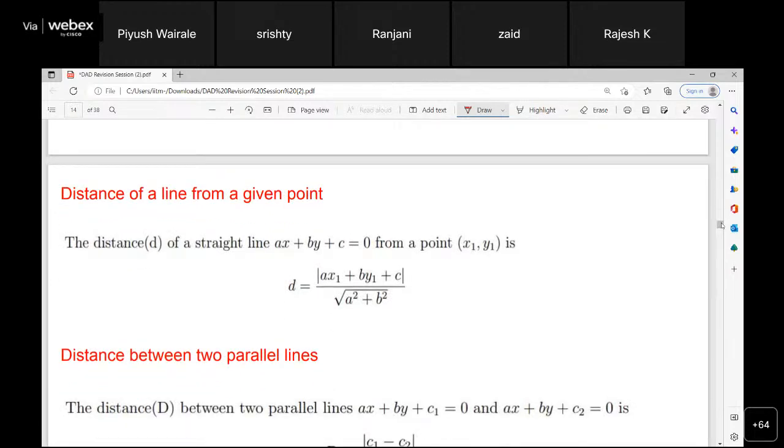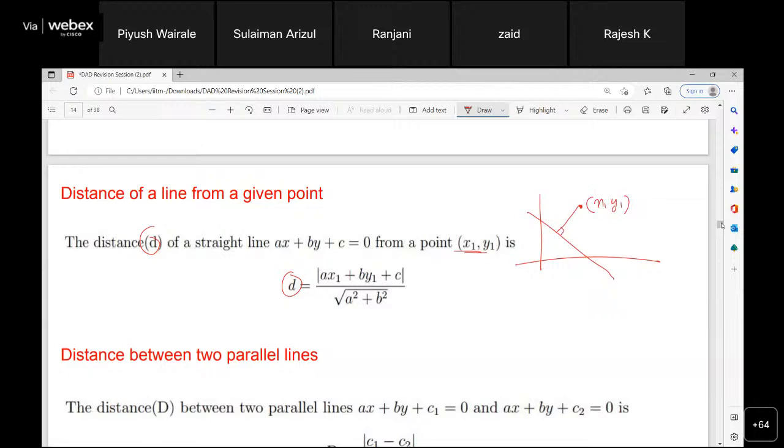Now here you can see one more thing, the distance of a line from a point. Okay, so we have a straight line and a point x1 comma y1. Suppose I have this particular point and I have this line. The distance of this particular point, say x1 comma y1, to this line is a perpendicular distance, right?